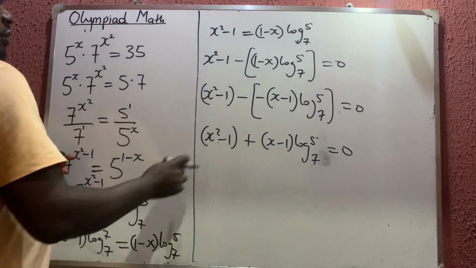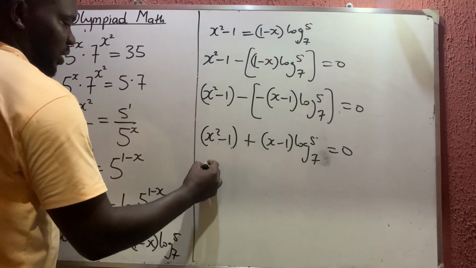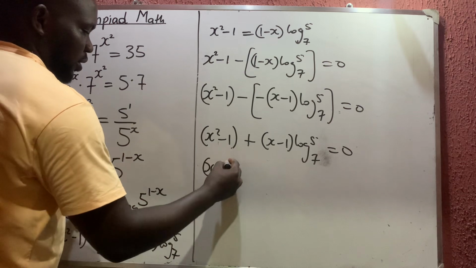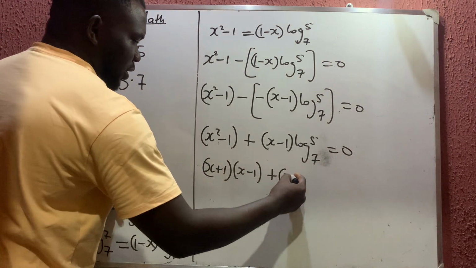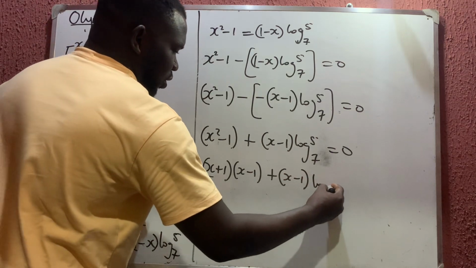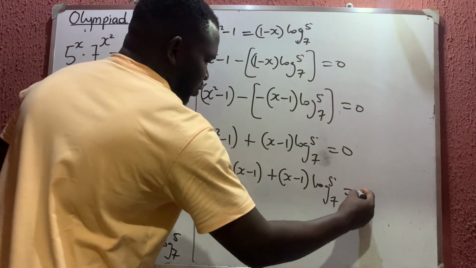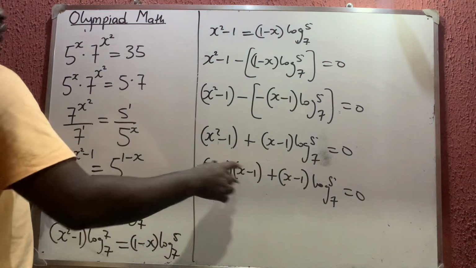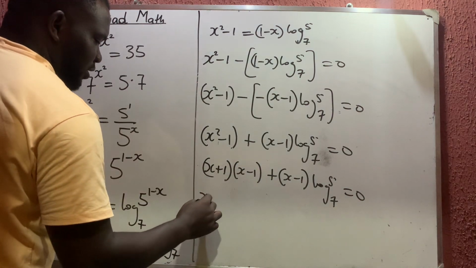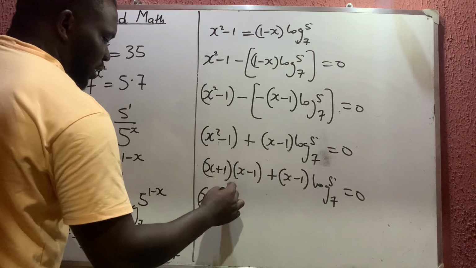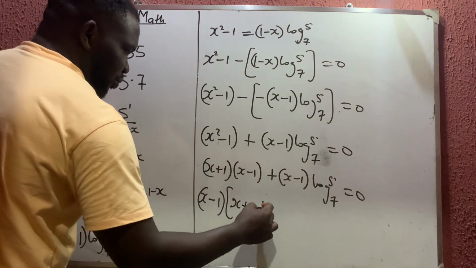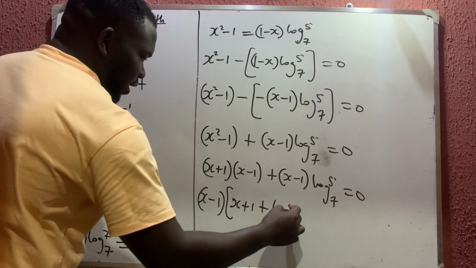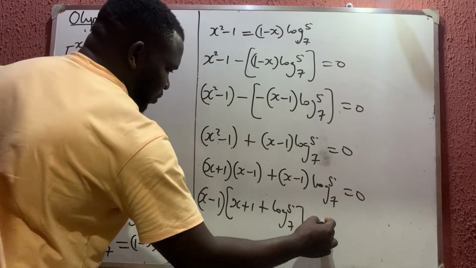is equal to 0. Now, this is difference of two squares. So I'm going to be having that this is x plus 1 and then x minus 1. Okay, then plus x minus 1 log 5 base 7 is equal to 0. Now, we can factor something out. They have x minus 1 in common. So I am left with x plus 1, then plus log 5 base 7, okay, is equal to 0.